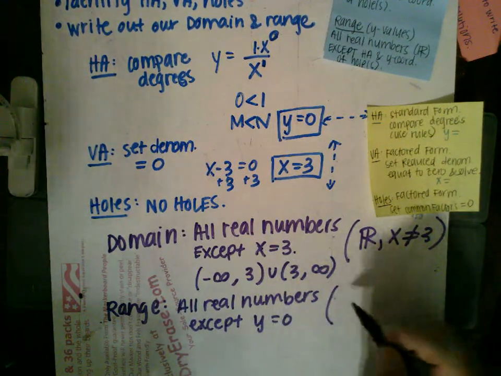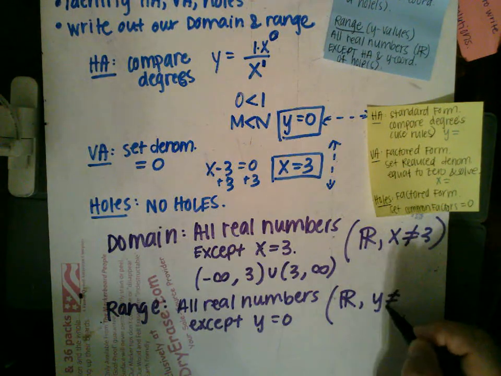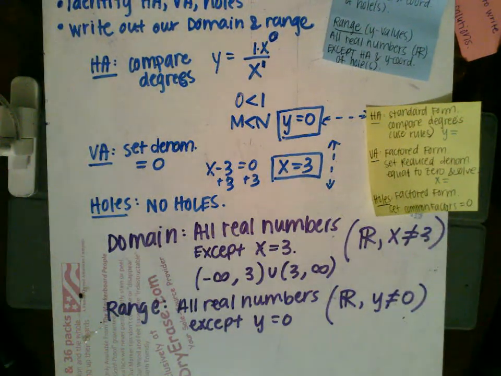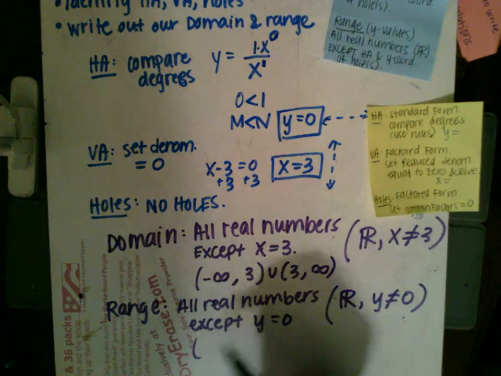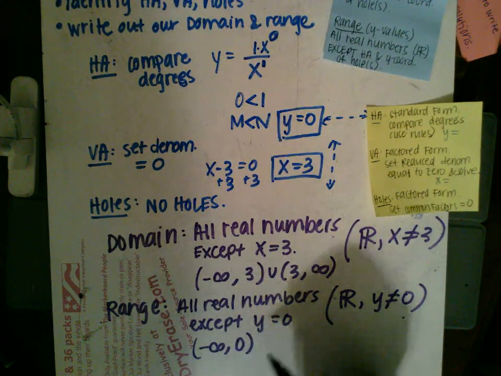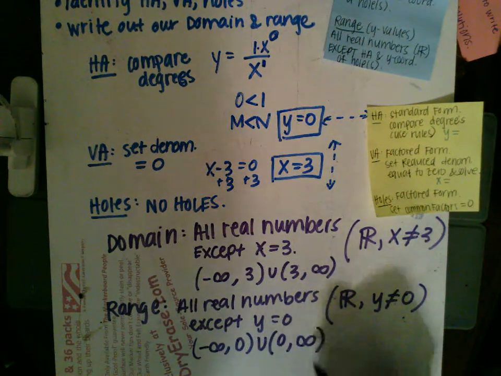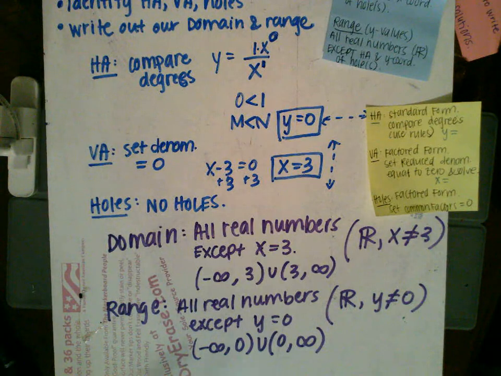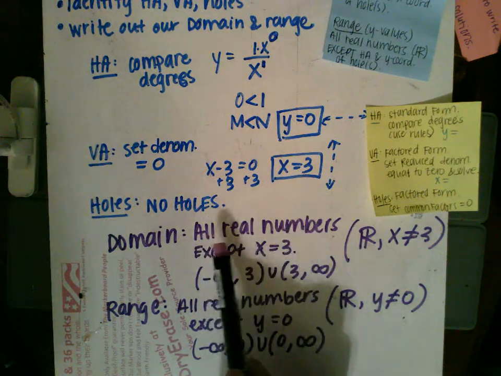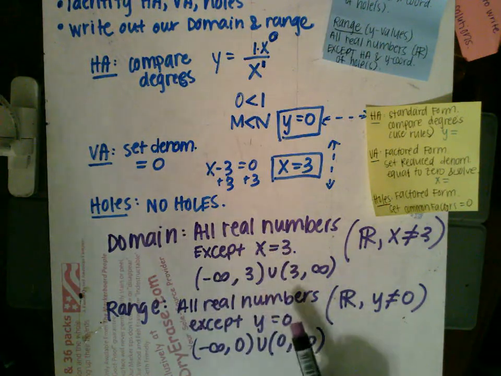And the shorthand again of that would be this bold-faced R, except y cannot equal 0 because we have an asymptote there. And my interval notation would be negative infinity to 0, not including it, and then my graph starts again from 0 to positive infinity. So either of these is acceptable. I suggest just the all real numbers except x value, all real numbers except y value.